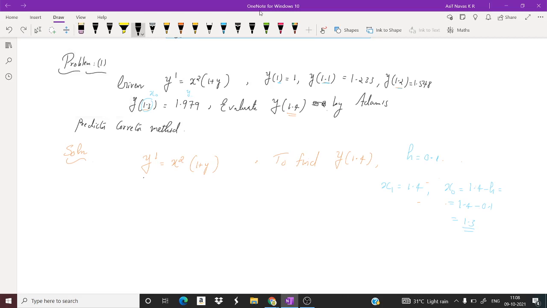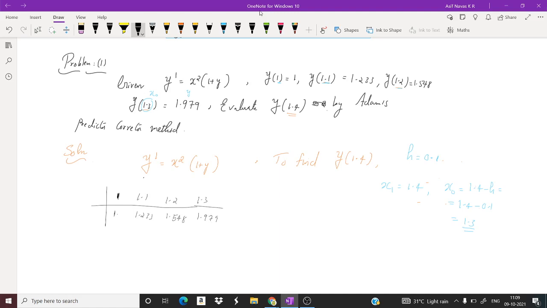The given values are 1, 1.1, 1.233, and 1.2, 1.548, 1.3, 1.979.